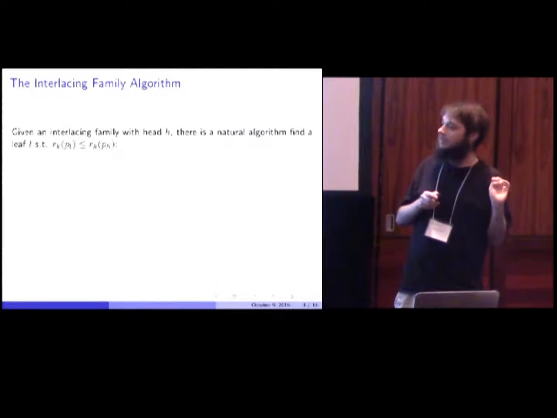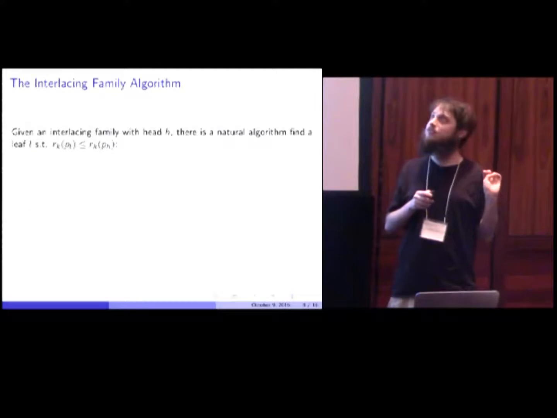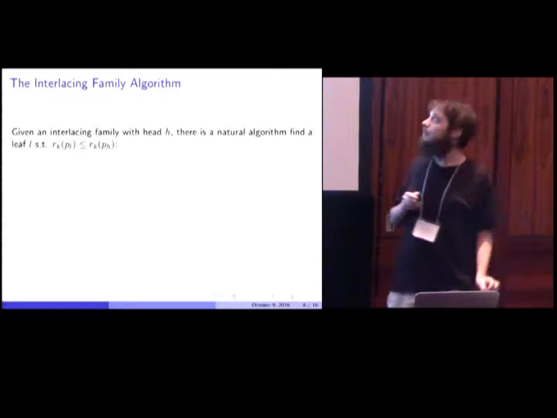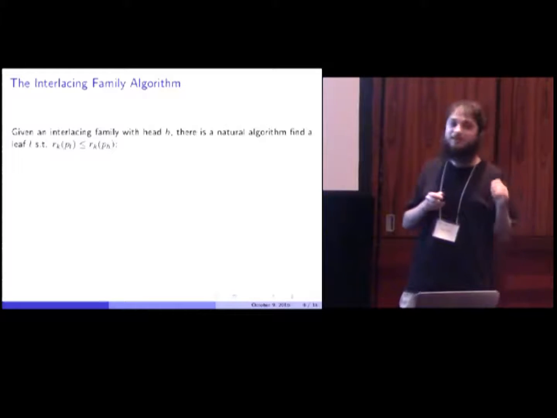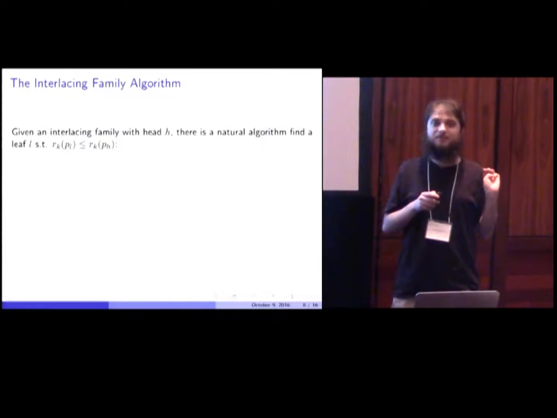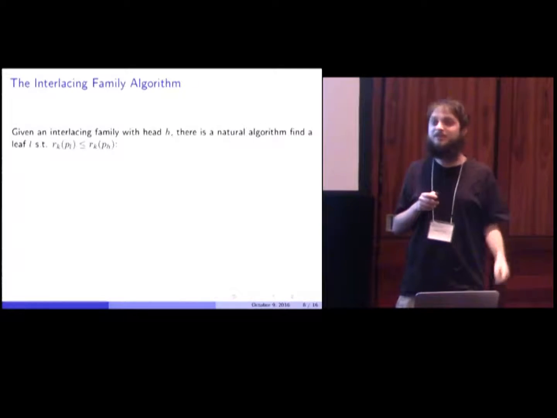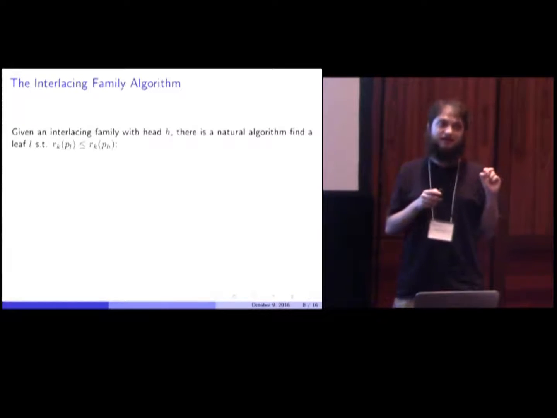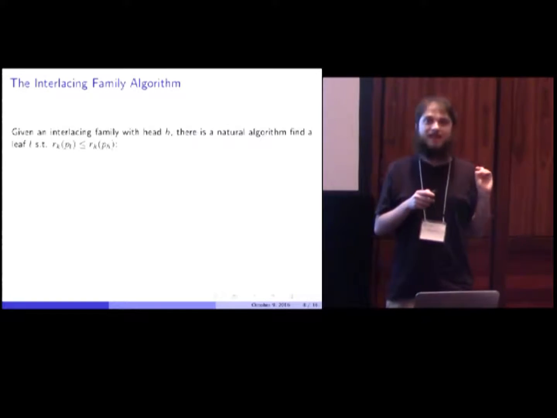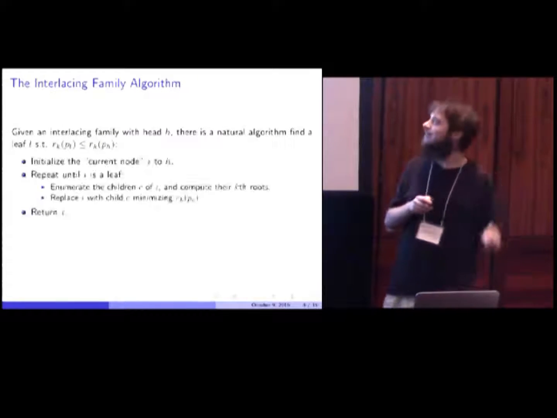So this is actually a natural definition because it gives rise to a natural algorithm, which you can call the interlacing family algorithm. It walks down the tree and finds a leaf where the polynomial's root is bounded by the corresponding root of the head of the tree. Or you could say the root of the tree, but I want to avoid that because it's confusing with roots.